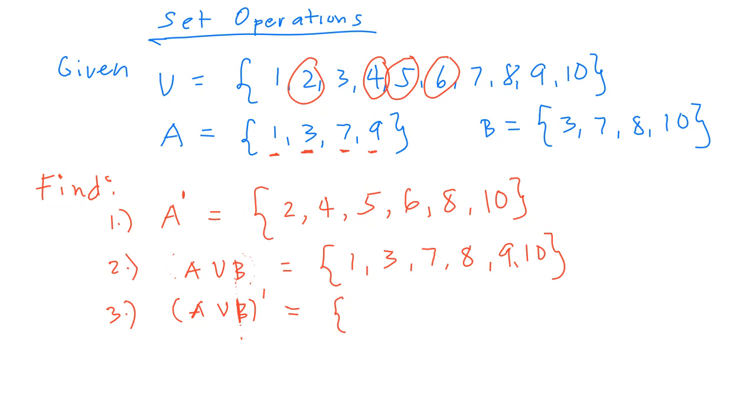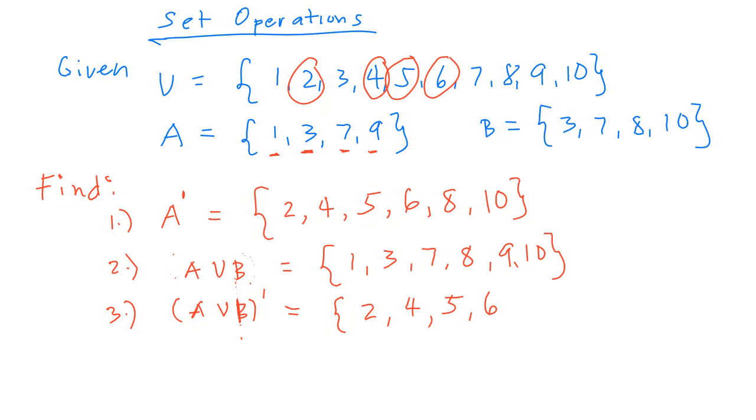It's just looking at the answer for number 2. You're just looking at any elements that are not in this set from the universal set, which is the U. So 2, 4, we have 5, 6, 7 is already there, 8 is already there, 9 and 10.